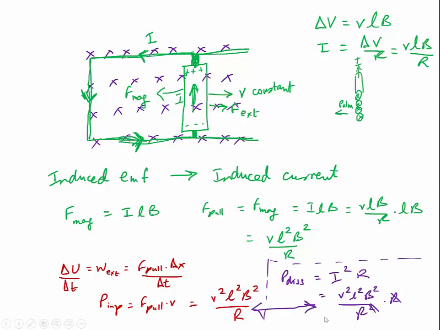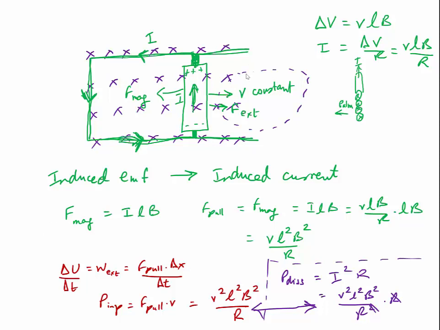So the key here is, when we talk about moving this to the right and producing a current, there might be a notion that we are creating energy out of thin air. And this shows us that that's not true. There is no free energy we're creating. We're creating energy in the electrical sense by putting in work in the mechanical sense.